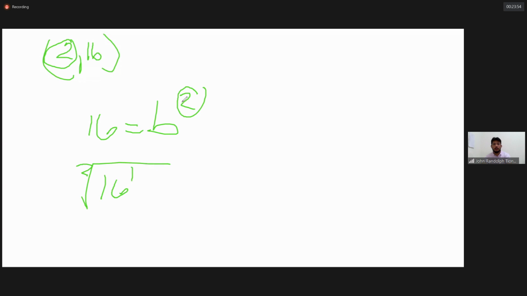Di ba? At itong 2, i-reverse mo yan. Yung reciprocal nito is 1/2. So 16 to the power of 1/2 is just simply equal to the square root of 16. Kasi yung 2 dito, dito yan.